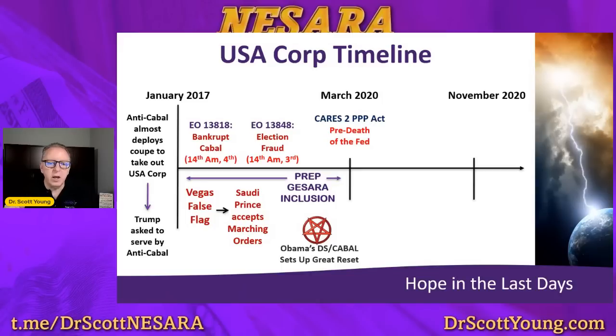This is why he did it. This is why he was doing it in 2017. He spent all of his time from 2017 all the way up to the CARES 2 Act taking out their queens, setting up the chessboard so that when they started, they had the queens out of the way. All they had when they set up the chessboard and let them go, Fauci and all the other idiots, all they had was pawns and the king to move around.